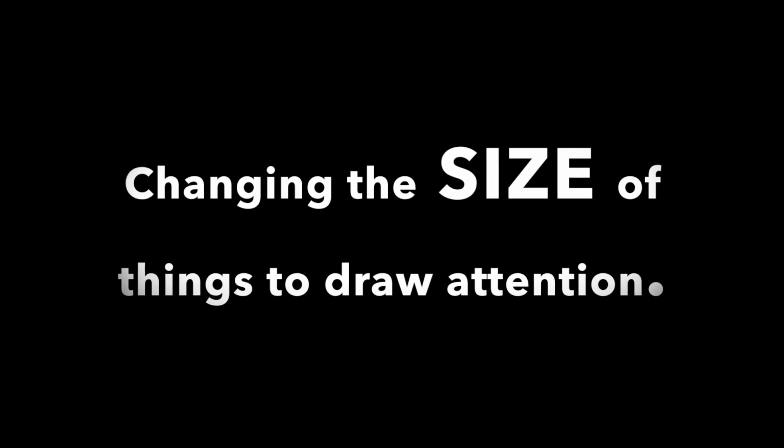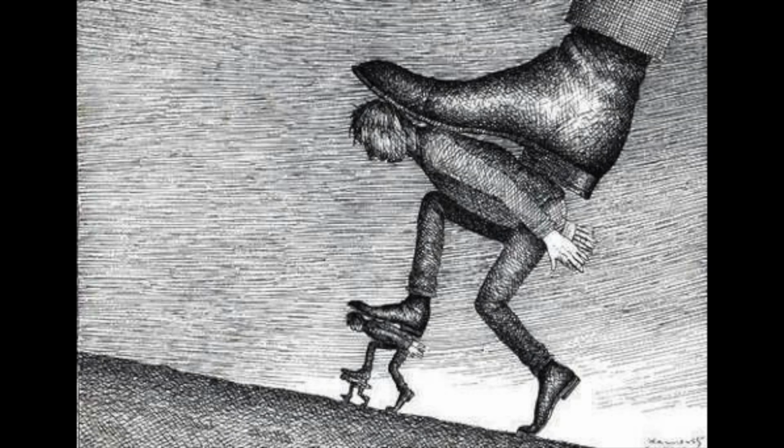You can also draw attention to something using proportion. This is an example of proportion. Proportion means how are the size relationships according to other things. Are things larger or smaller compared to each other?